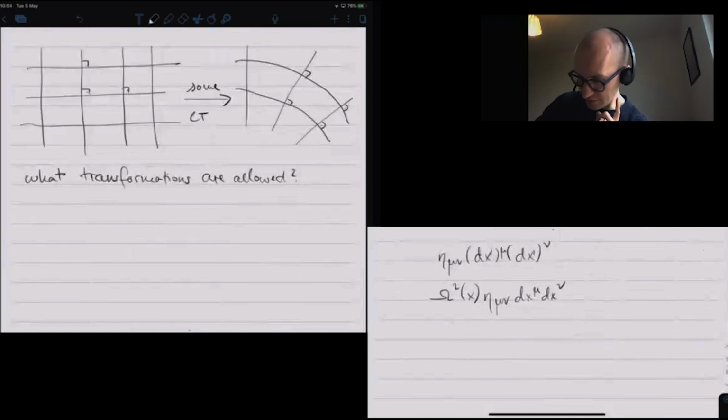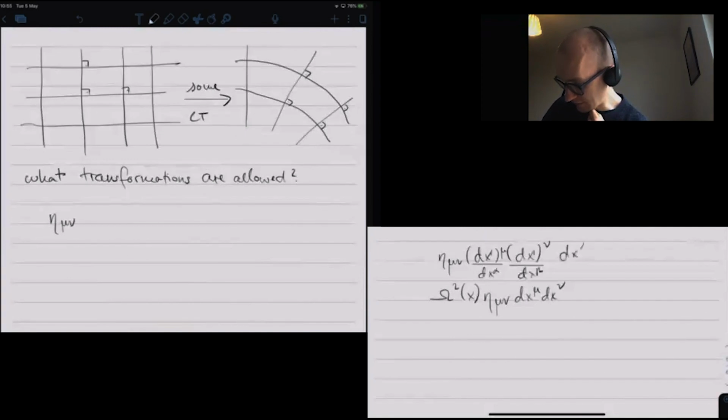Of course we can write this as eta mu nu, and then the x primed mu. If you want, we can divide this by dx alpha, dx beta, and we can rename these indices alpha beta.